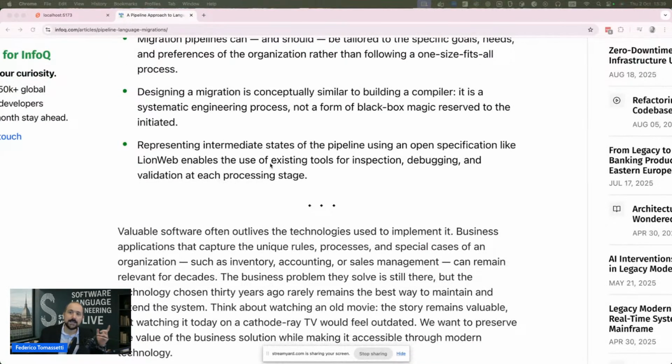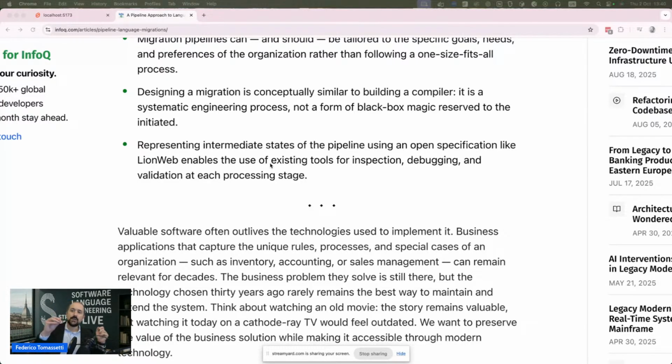And finally, I wanted to stress that in this approach, we use LionWeb to represent these intermediate states, and LionWeb is an open specification with implementations in multiple languages: Java, TypeScript, Python, C#, and more to come.